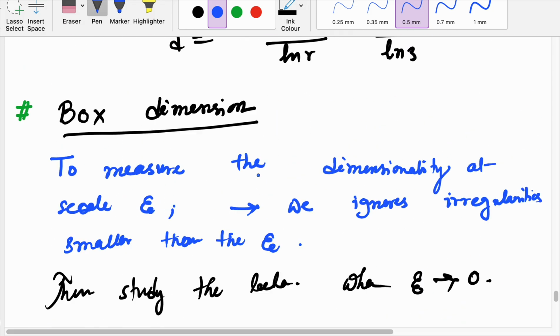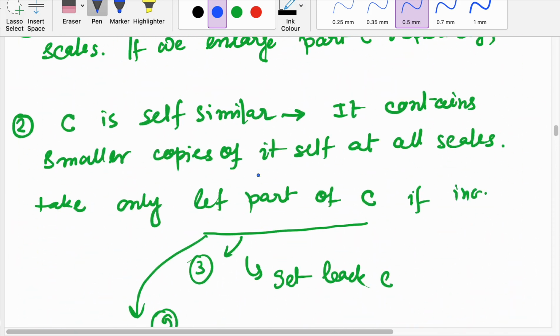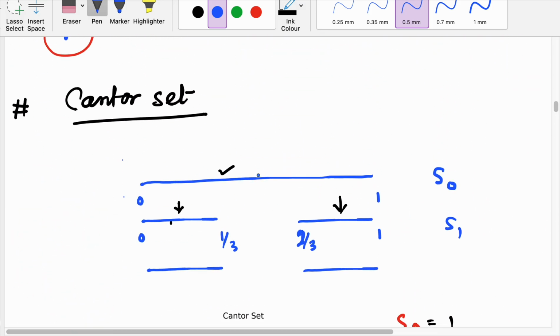You will see here, how many smaller objects are required to fill this S0?